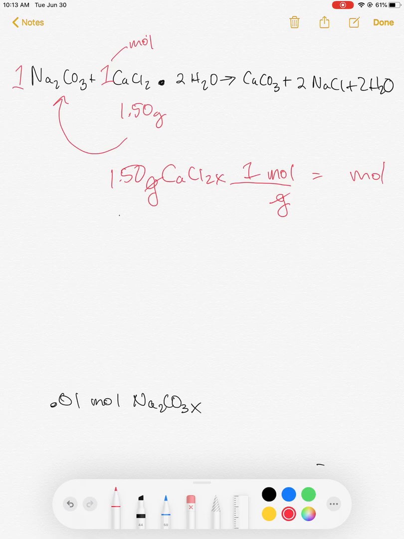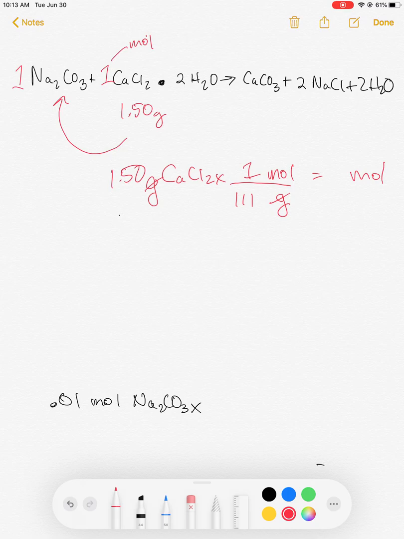1 mole of calcium chloride is 111 grams. So 1.5 divided by 111, that's not right. Maybe that's right.